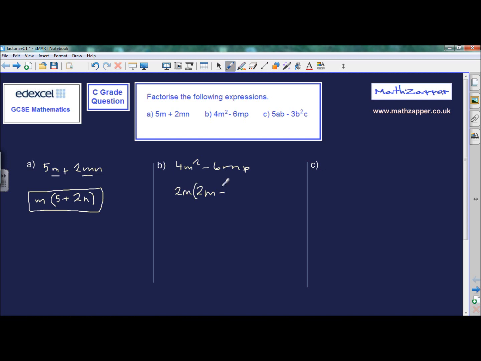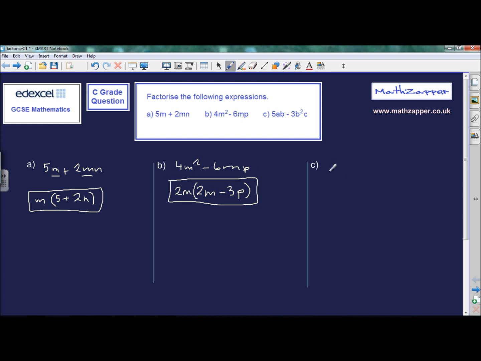Well, 2 multiplied by 3 gives us 6. The m is already there, so we don't have to worry about that. But we do need to remember there's a p there, so we can write the p in there. And then we'll just check. 2m multiplied by 3p is 2 times 3 is 6, times m times p, 6mp. So this is the second one factorised. 2m, bracket, 2m minus 3p.